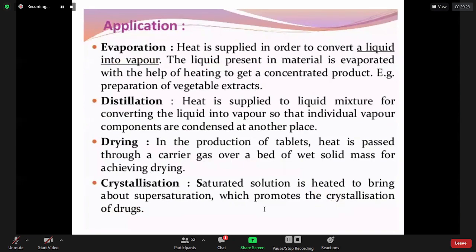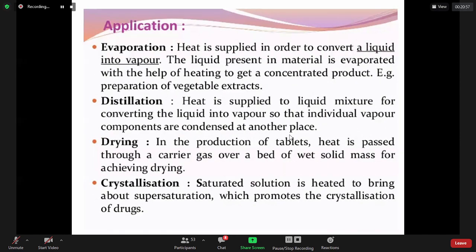If you want to, for example, dry your extracts which have been extracted with, say, methanol solvent, and you want to remove the solvent so that you remain with the dry extract, then you have to apply some form of heat so that the methanol is evaporated, then cooled if you want to recover it.